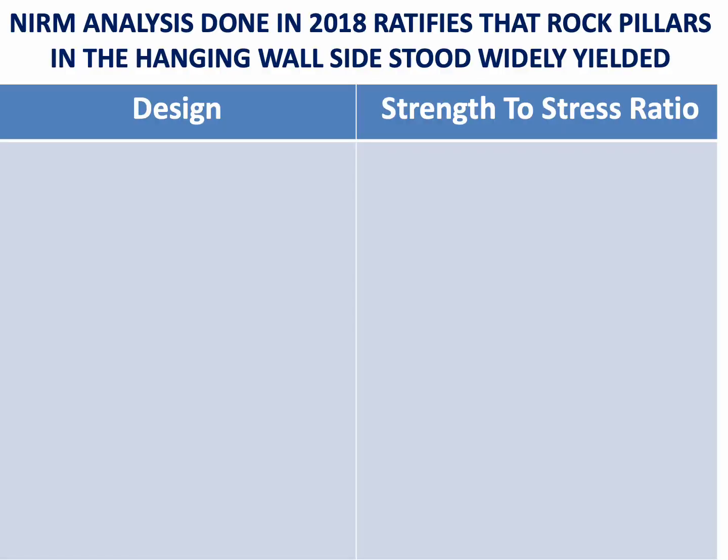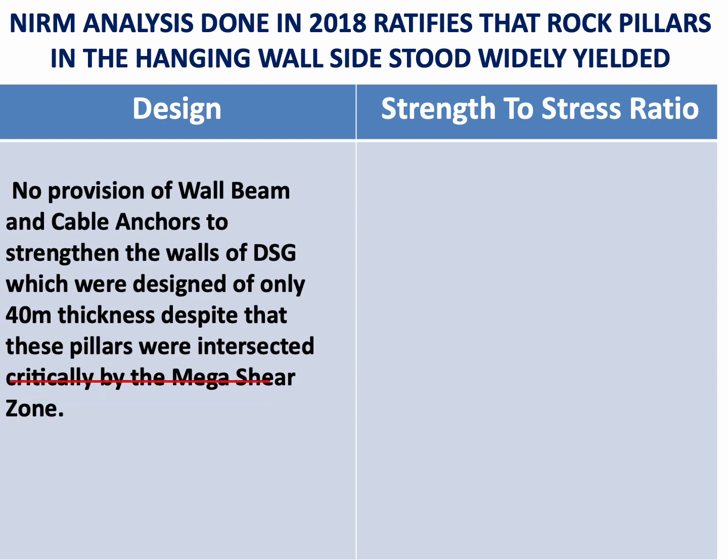The 3D analysis done by NIRM in 2018 ratifies that the rock pillars in the hanging wall side stood widely yielded.